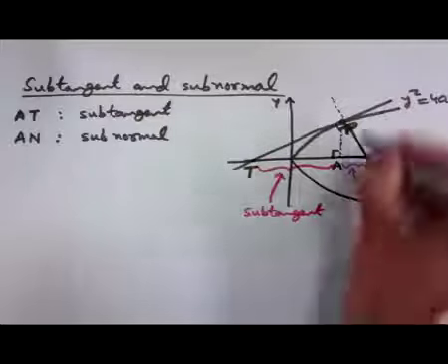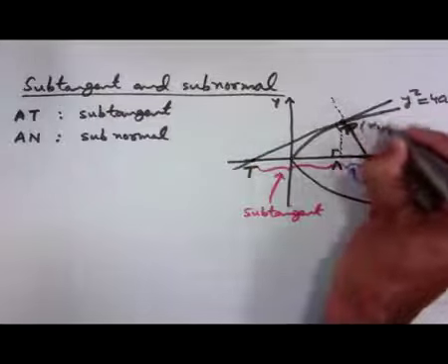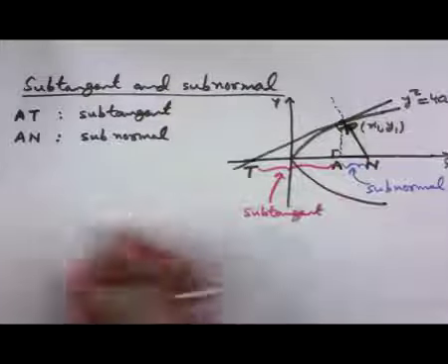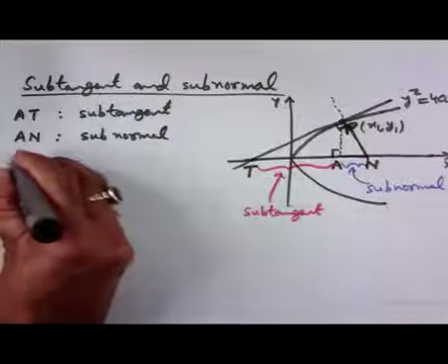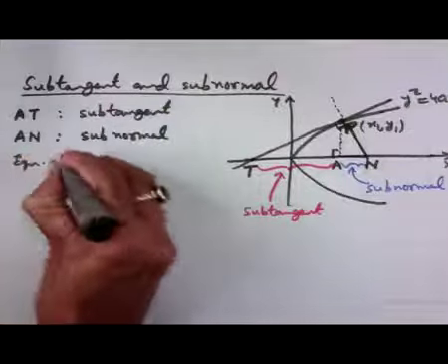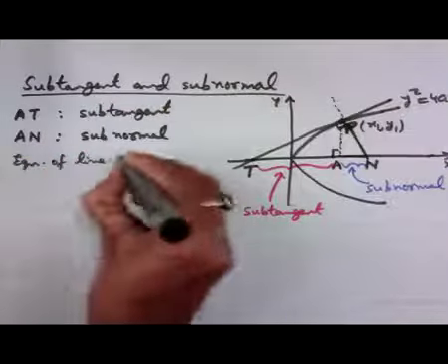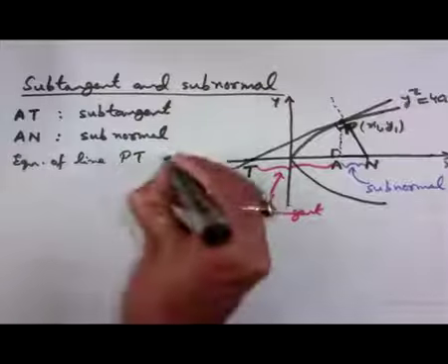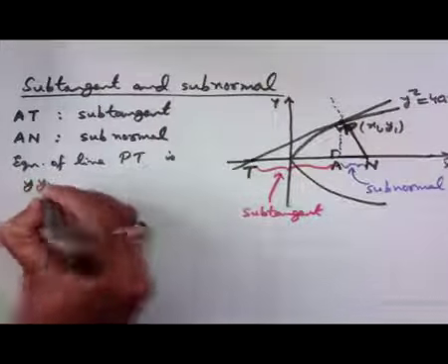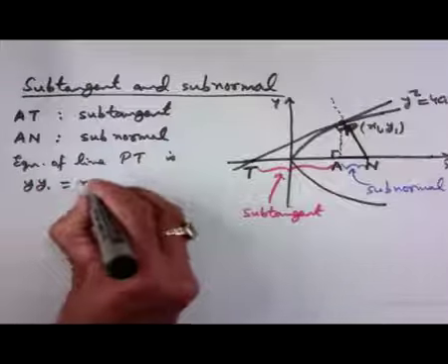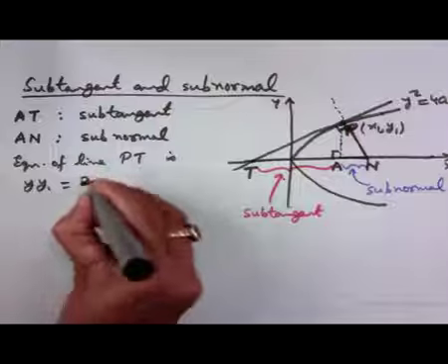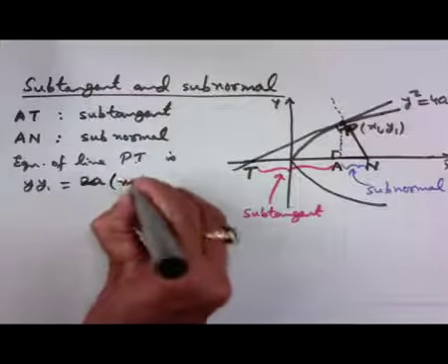So, if we take the coordinates of point P as x 1 y 1, we know the equation of the tangent line P T is y y 1 equal to 2a times x plus x 1.